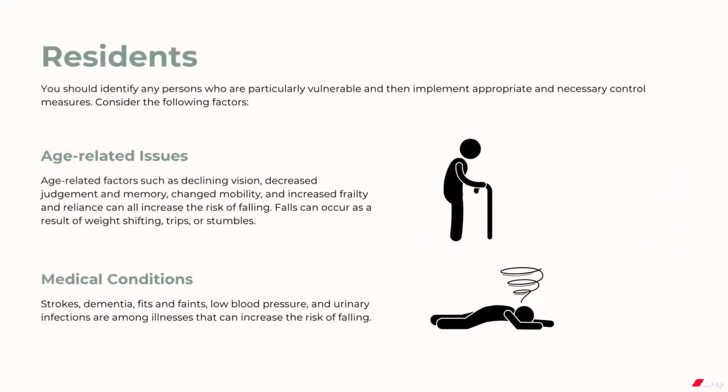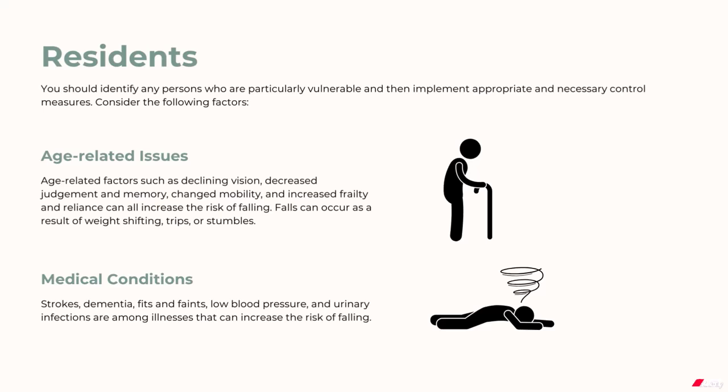Residents. You should identify any persons who are particularly vulnerable and then implement appropriate and necessary control measures. Consider the following factors. Age-related issues. Age-related factors such as declining vision, decreased judgment and memory, changed mobility and increased frailty and reliance can all increase the risk of falling.